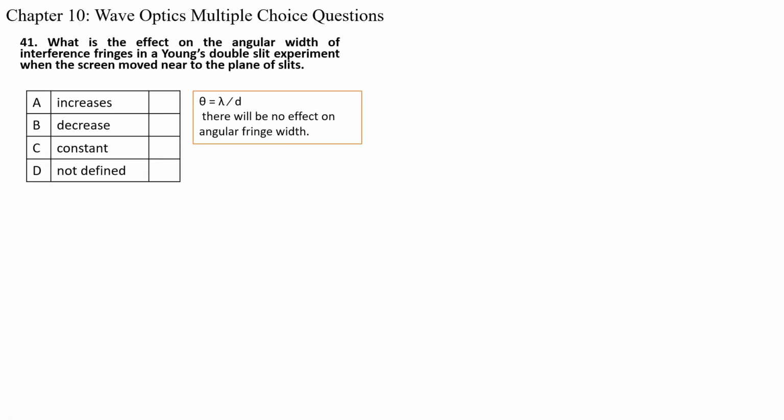Next question. What is the effect on the angular width of interference fringes in Young's double slit experiment when the screen is moved nearer to the plane of the slits? So here you please underline effect on angular width. You please note, he is asking angular width.